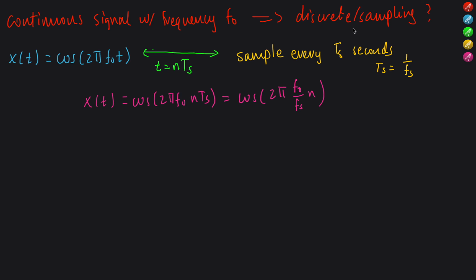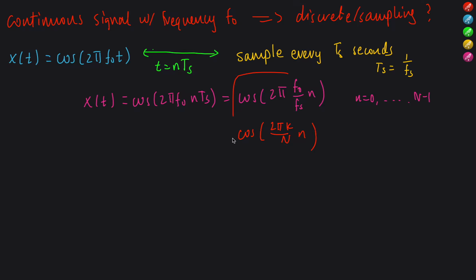And remember, we're trying to see what's the discrete frequency. Now that this is discrete, it depends on our little n, which is discrete. It goes from n equals 0, 1, all the way to big N minus 1. That's our classic setup. Now we can match this to our normal discrete cosine, which is cosine of 2 pi k little n over big N. I'm going to write that a little bit differently.